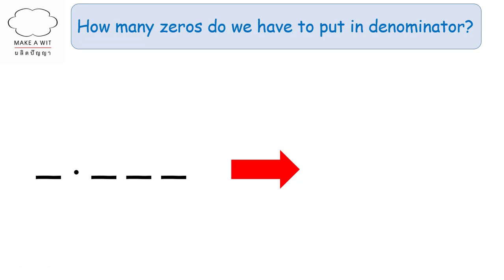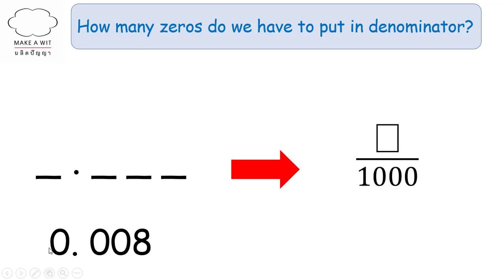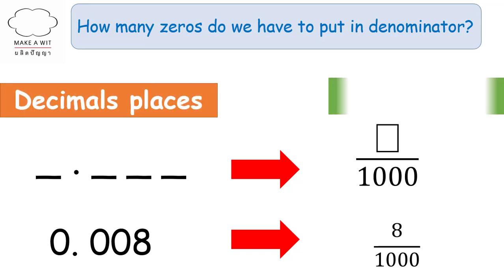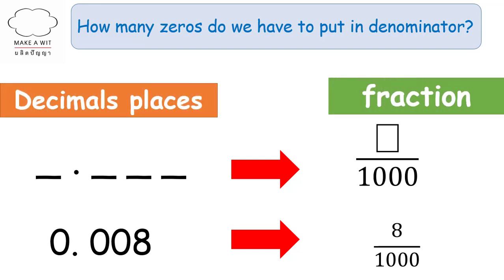Yes, we have to put 3 zeros. It means blah over 1000. Example: 0.008 equals 8 over 1000.